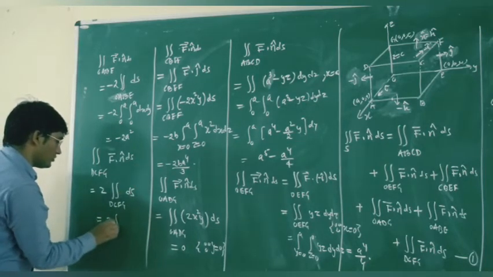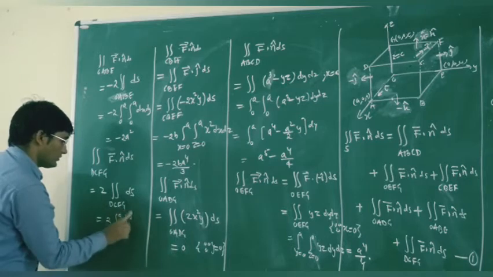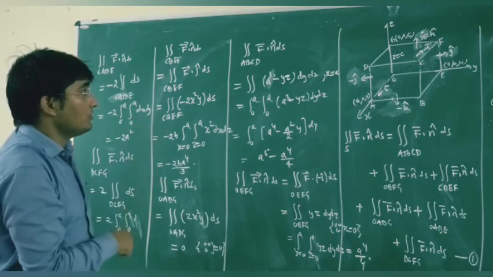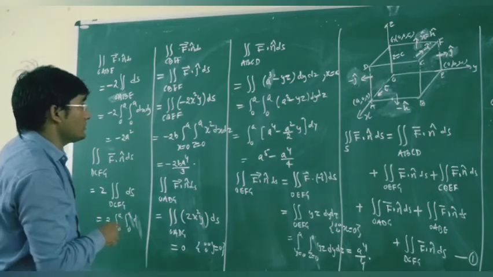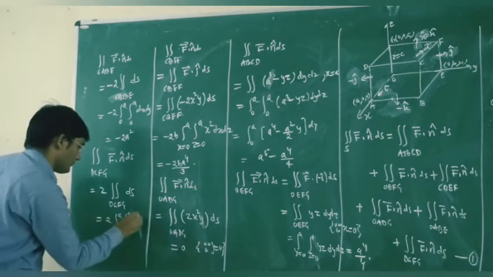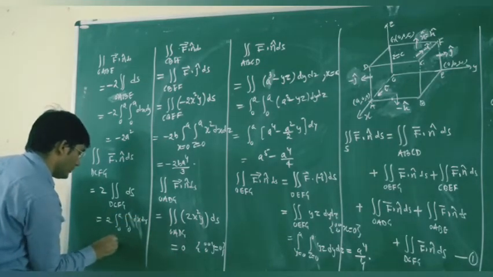Again this will be 2 times the integral from 0 to a of dx into dy, since this is in z equal to c. So this is equal to 2a square.